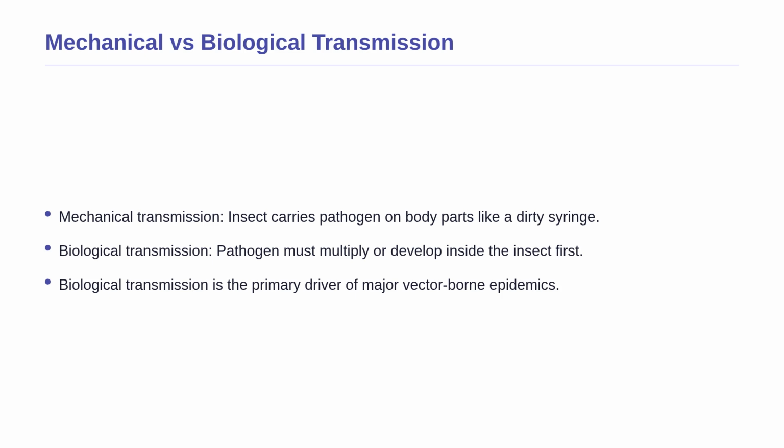More commonly, and more dangerously, we see biological transmission. Here, the pathogen must actually multiply or undergo a complex developmental cycle inside the insect's body before it can be transmitted to the next host. This biological relationship is highly specific and drives the most severe outbreaks.